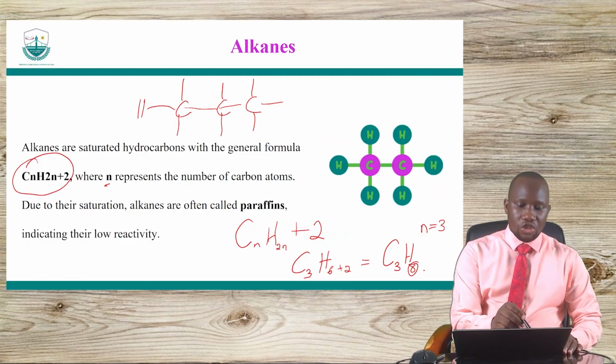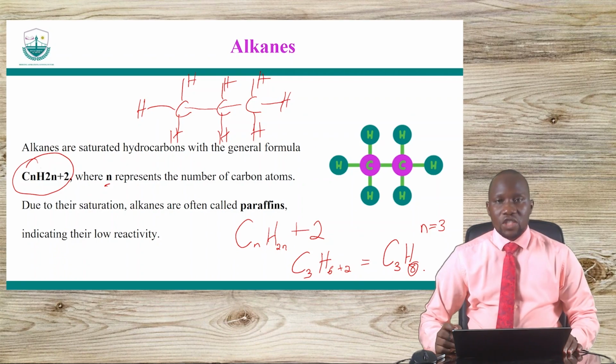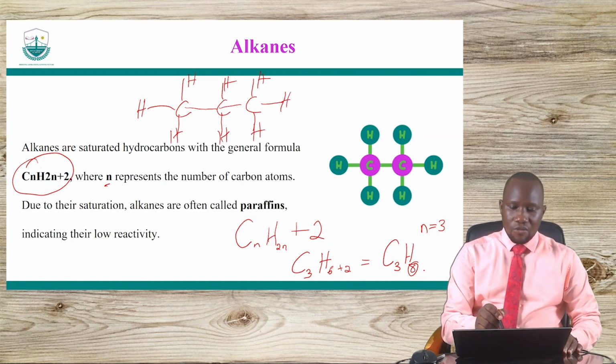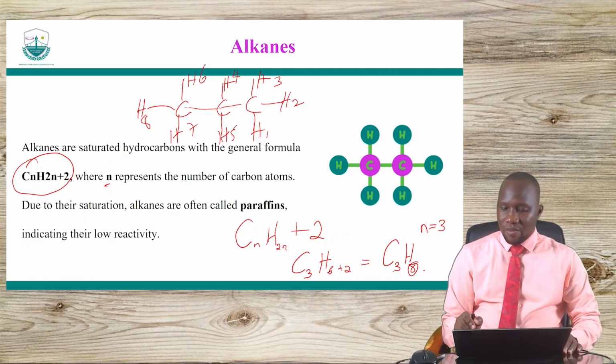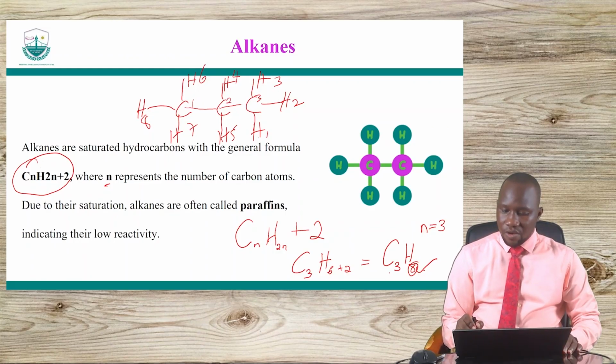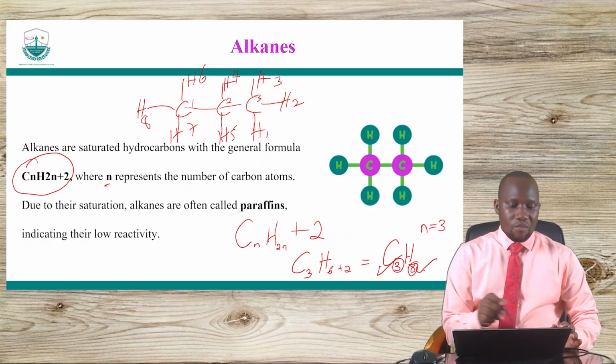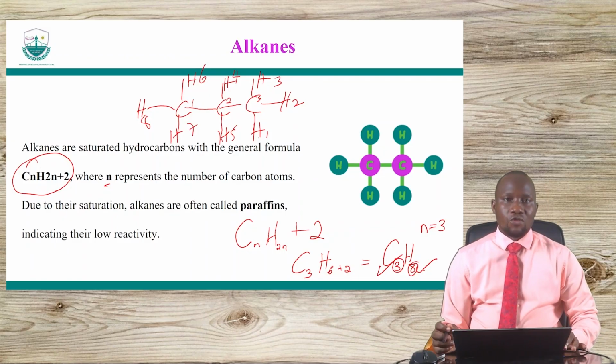So you have H, H, H, H, H, H, H, H. So how many hydrogen atoms are those? 1, 2, 3, 4, 5, 6, 7, 8. How many carbon atoms do you have? 1, 2, 3. So 3 here. Okay, so that is what we mean by this general formula.